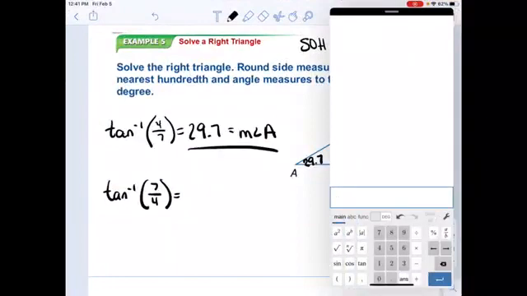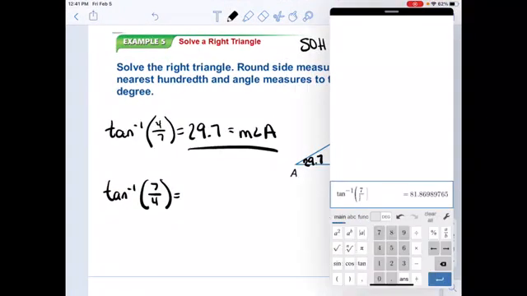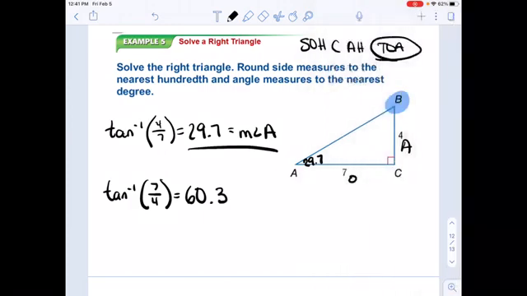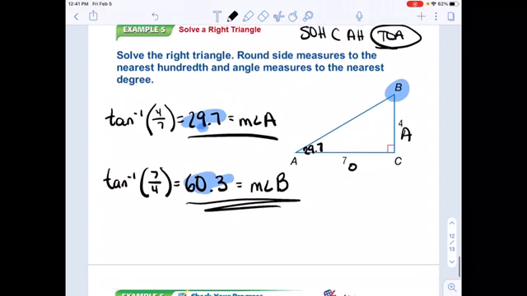We can figure out this. We end up getting 60.3. Notice these two answers add to equal 90. We know that has to happen because this still is a triangle. That still has to hold true, so we're good there.